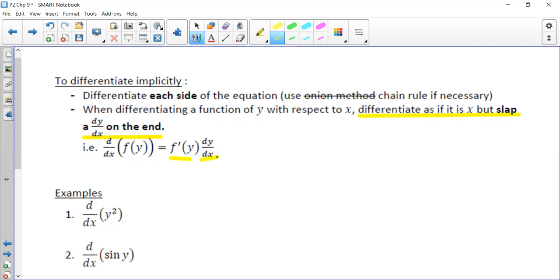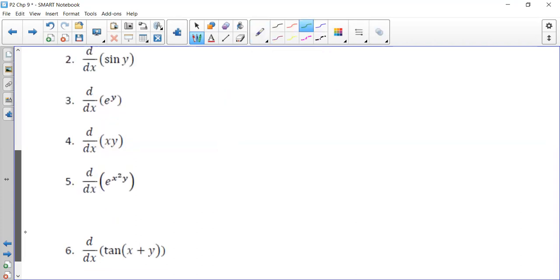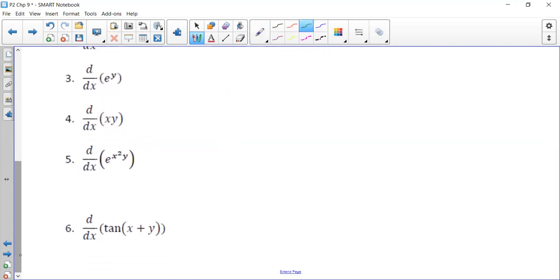So that's what it means: if I'm differentiating a variable that is not x, I differentiate that term normally, but I have to multiply by dy by dx at the end. I'll show you how in the examples below. There are so many examples I'm going to show you. Are there practice questions later?